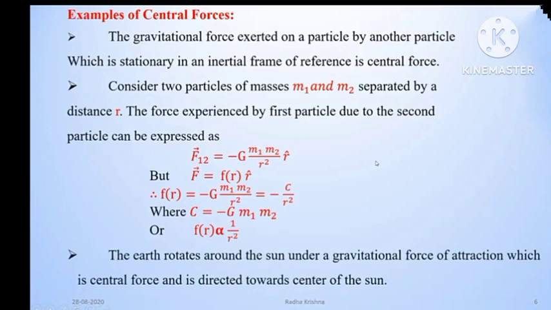The earth rotates around the sun under a gravitational force of attraction which is a central force and is directed towards the center of the sun. These are examples of central forces.